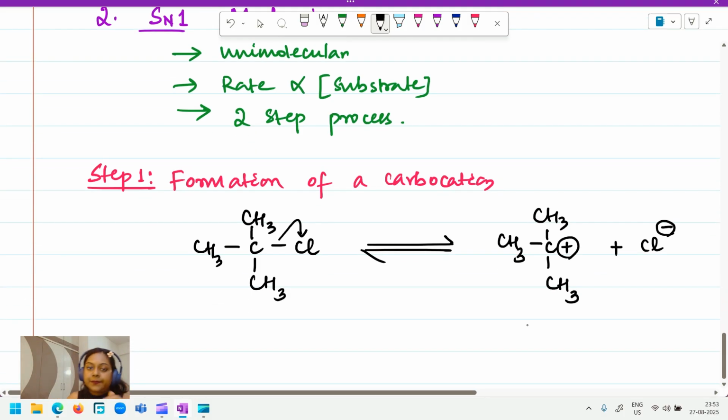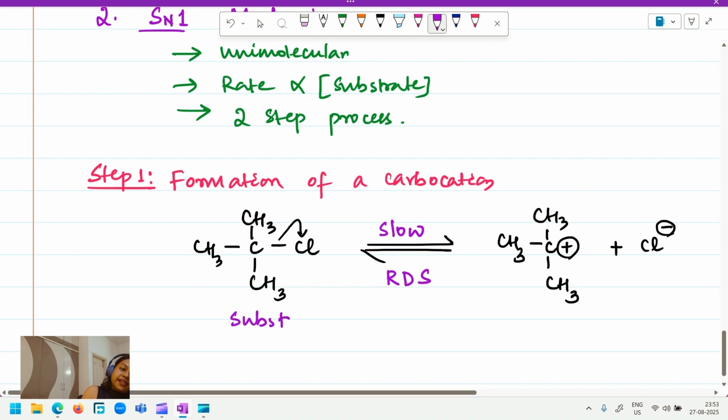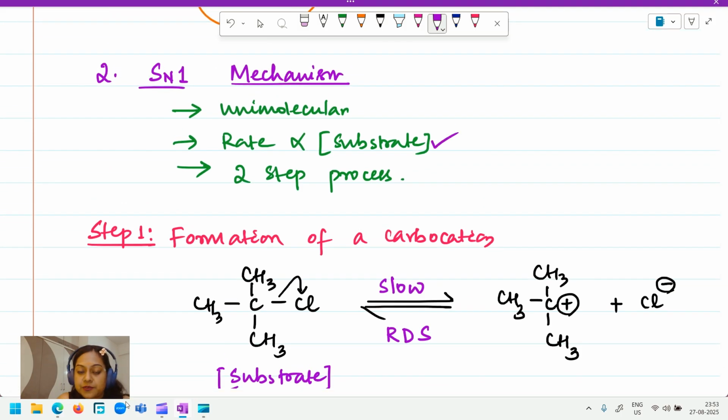This first step is usually a slow step, and slow steps in chemical kinetics are rate determining steps. They determine the rate of the entire reaction. Since only the substrate is the reactant in our rate determining step, the rate of the reaction only depends on the concentration of the substrate. Got it?